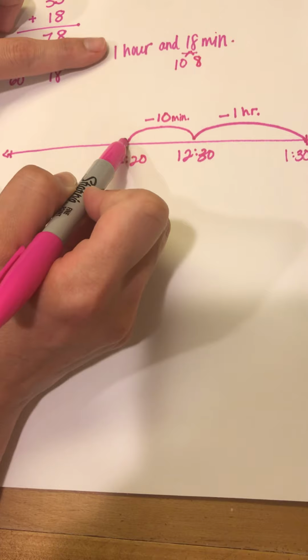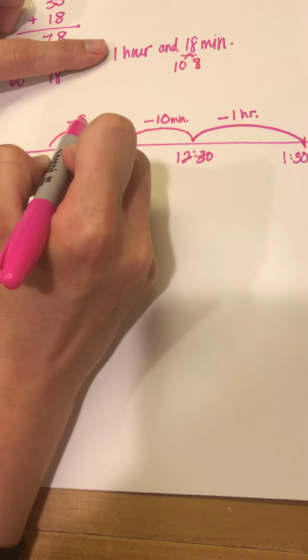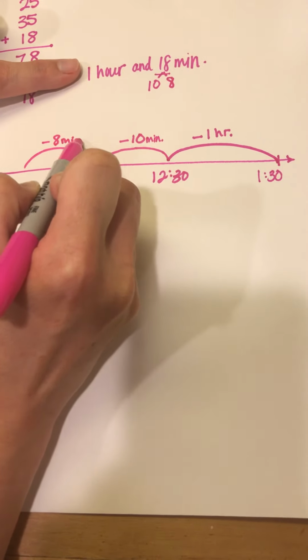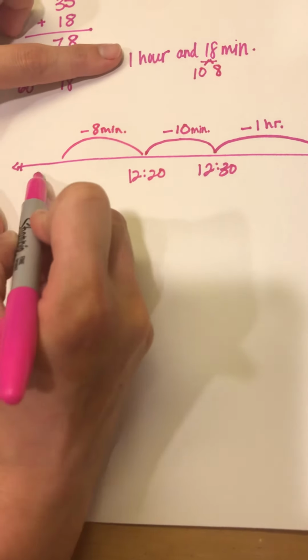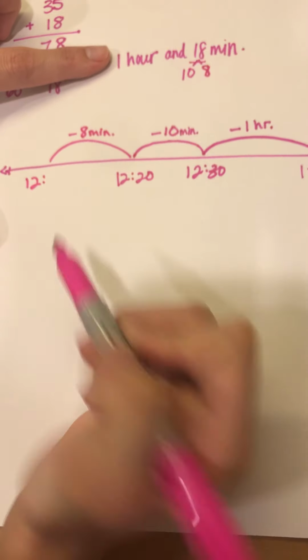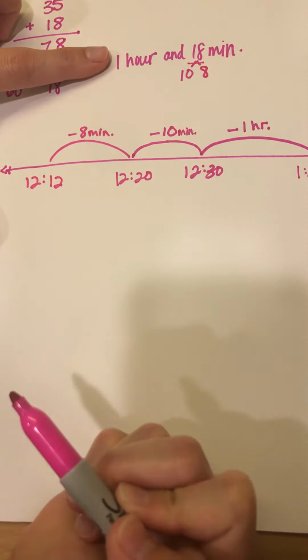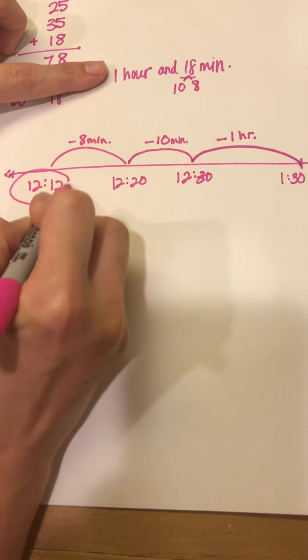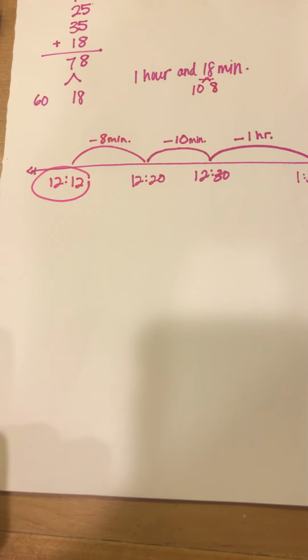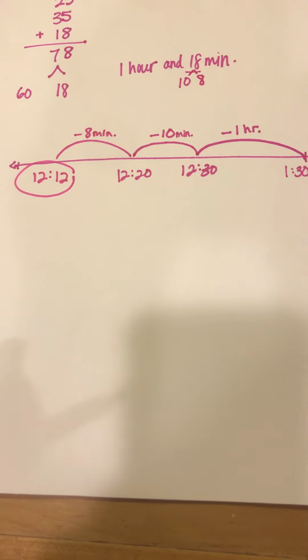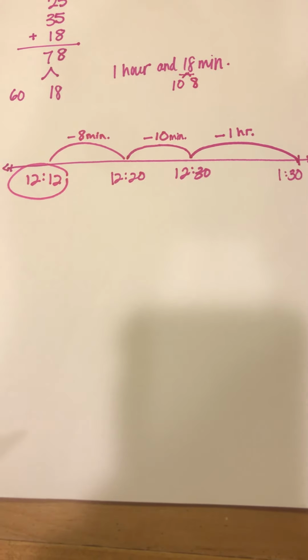So if I subtract another 8 minutes from that, that gets me to 12:12. And that is the time that he started preparing his lunch. The answer to the question is 12:12.